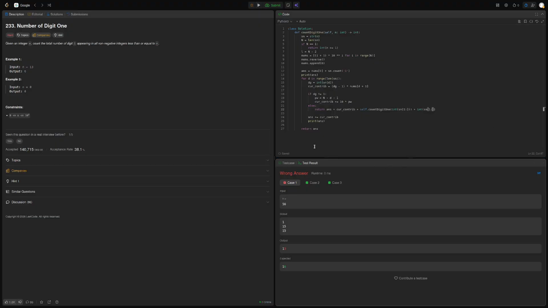Okay, so we got the last case, and now just figure out why this is wrong. I mean, for 56 it should be way more than 14, or no, or should it really be 15?